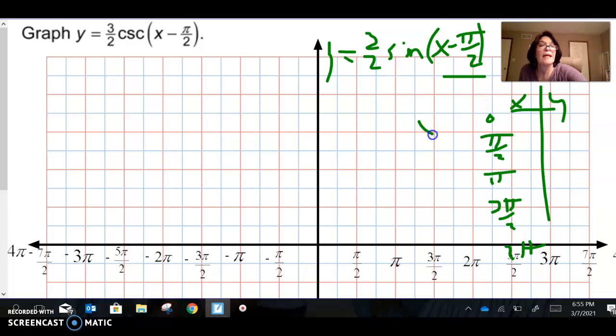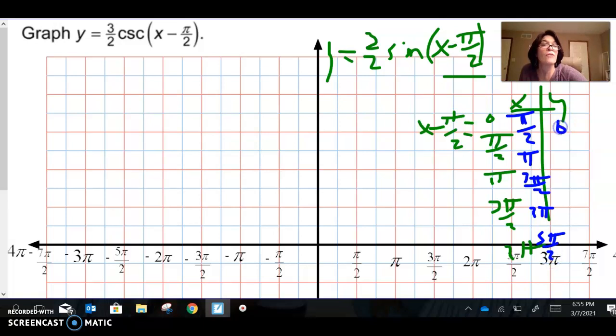And I'm going to let x minus pi over 2 equal that. So I'm adding pi over 2 to 0, that would be pi over 2. Adding pi over 2 to pi over 2 would be pi. Adding pi over 2 to pi would be 3 pi over 2. Adding pi over 2 to 3 pi over 2 would be 2 pi. And this would be 5 pi over 2.